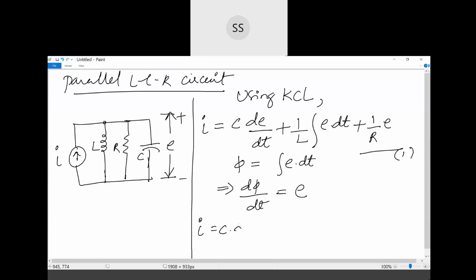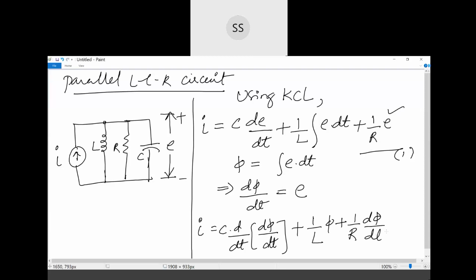Replacing E by d phi by dt, equation 1 can be rewritten as I equal to C into d by dt of E, and E is nothing but d phi by dt. Then 1 by L into the integral of E into dt is nothing but phi, and 1 by R into E is 1 by R into d phi by dt.